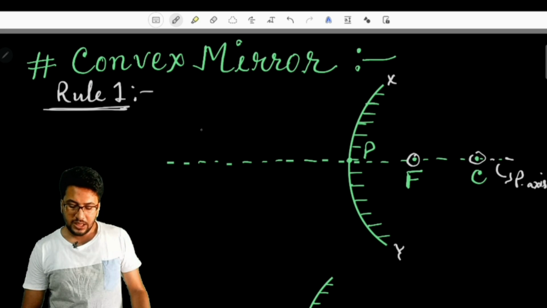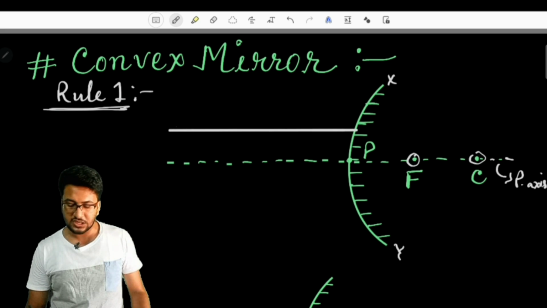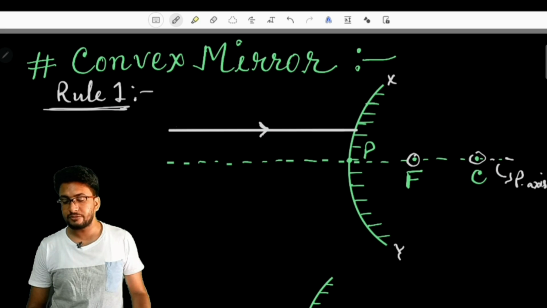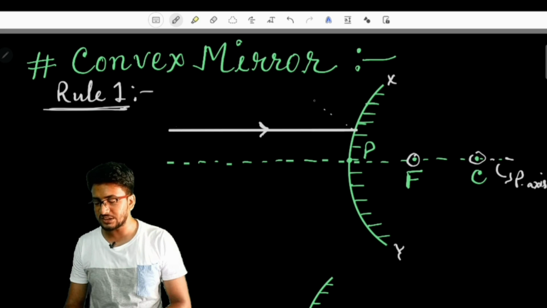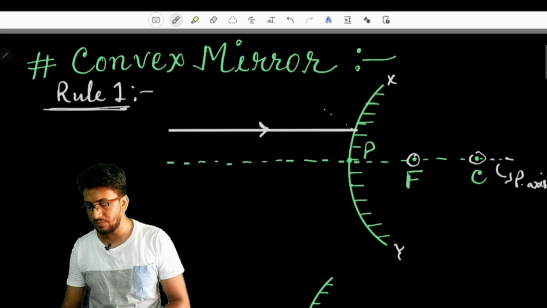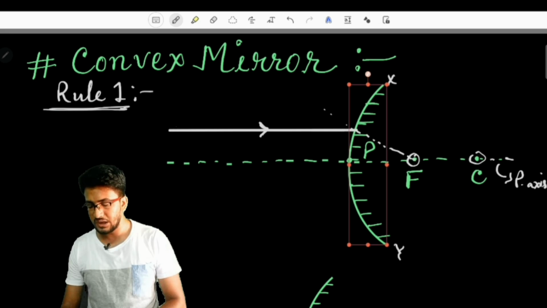Then a light ray which is coming parallel to the principal axis, right after reflecting from the surface of a convex mirror, will start diverging, and it will diverge in such a way that it appears to come out from the focus.